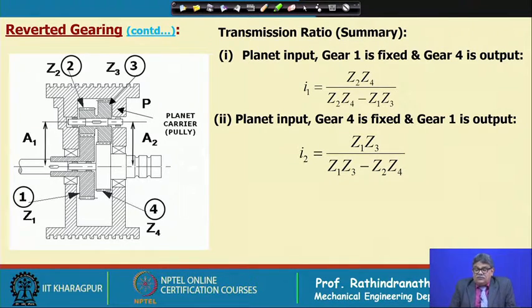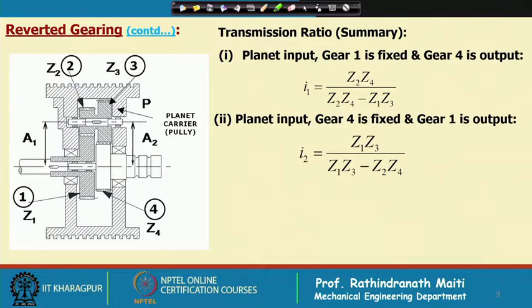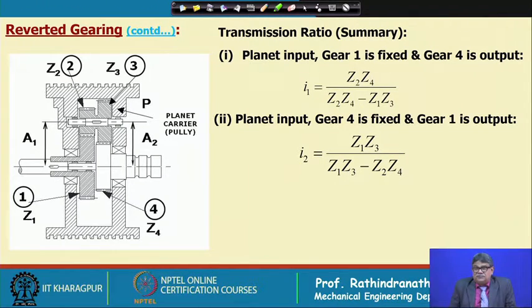As I told, if the denominator is as small as possible, then the transmission ratio will be high, and this also gives us a clue that z1, z3, z2, z4 are to be very close, with very small teeth difference.